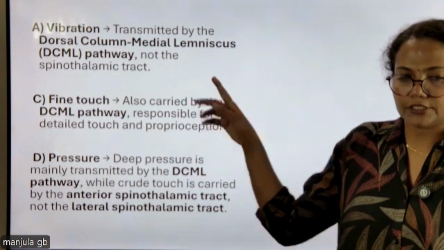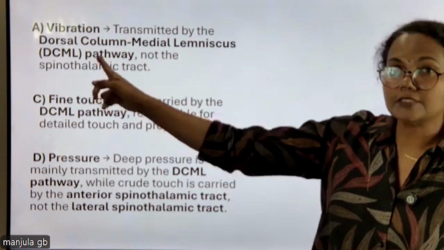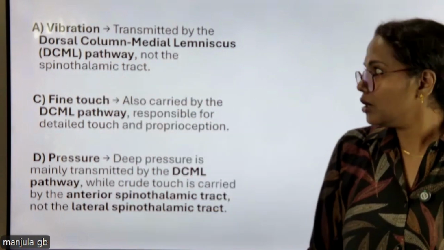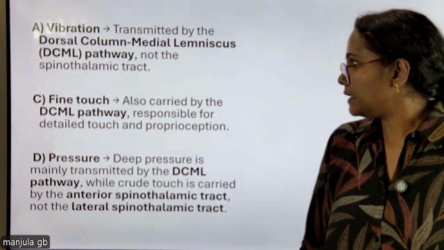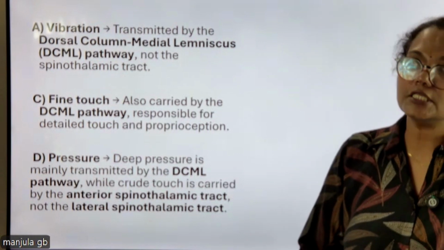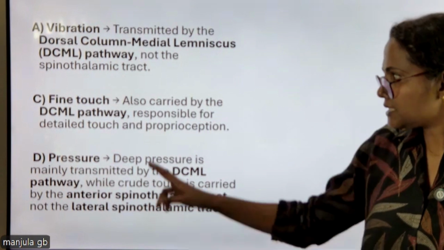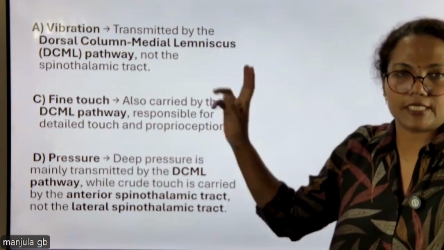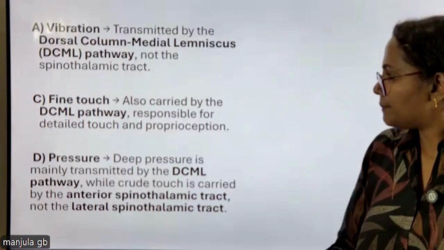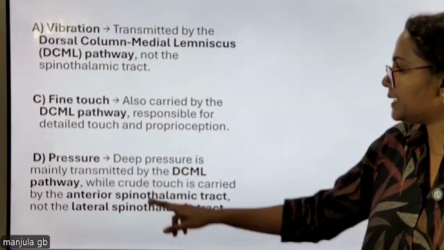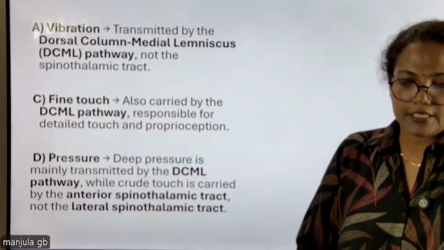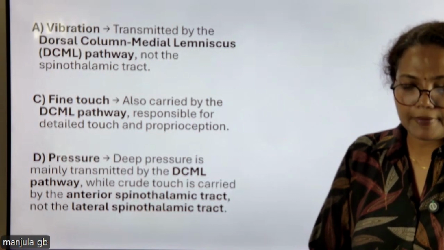Now the other choices. Vibration is transmitted by DCML, the dorsal column medial lemniscus pathway, not the spinothalamic pathway. In the same way, fine touch is also transmitted by the DCML pathway. Pressure, especially deep pressure, is again transmitted by the DCML pathway.